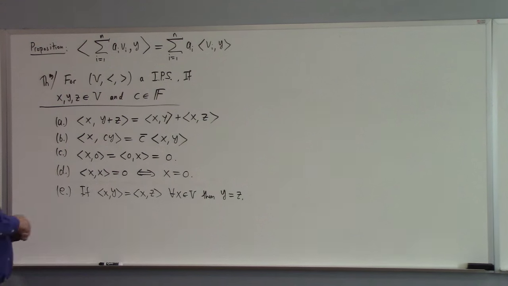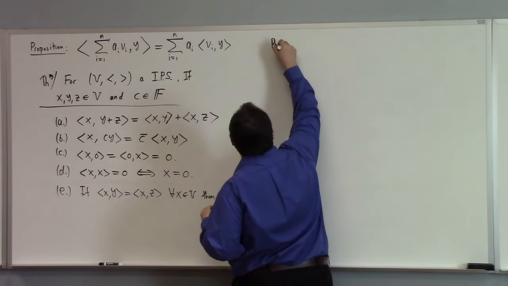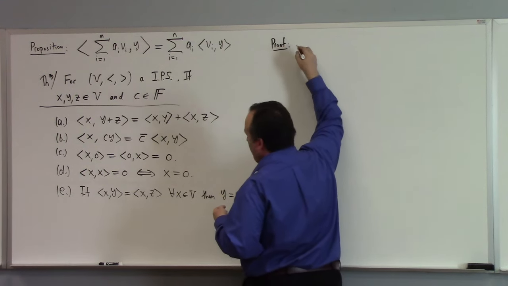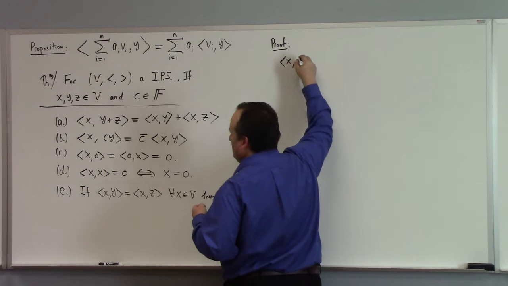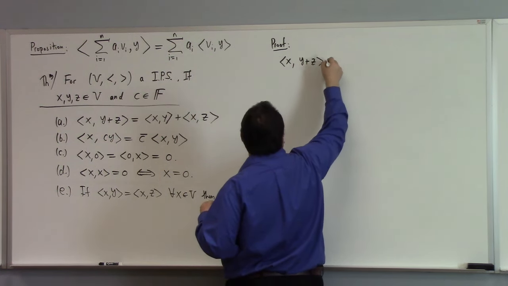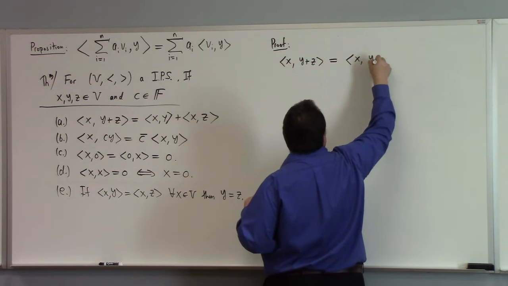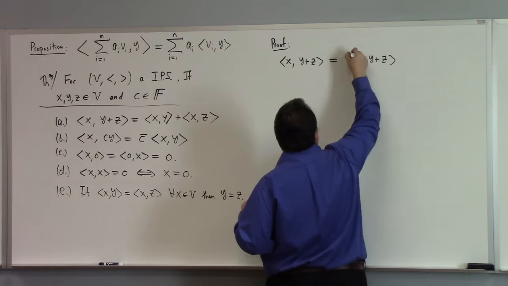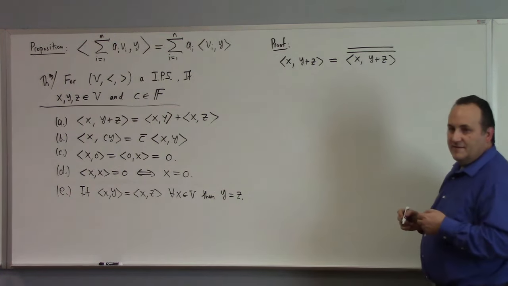So let's prove part A. I'll show you a trick. If we have the inner product of x with y plus z, we can rewrite that as the complex conjugate of the complex conjugate of the inner product of x with y plus z.